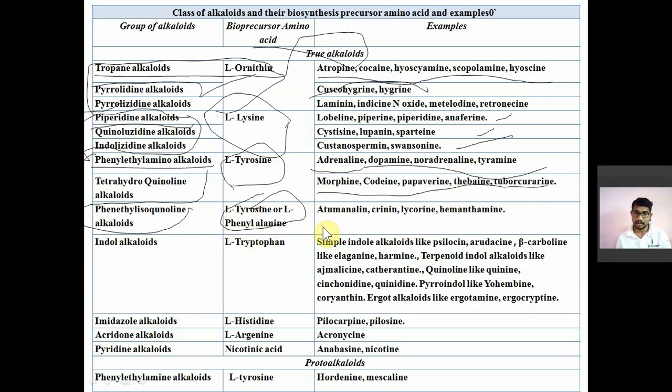For example, autumnaline, then colchicine, lycorine, and haemanthamine. Then indole alkaloids are biosynthesized from L-tryptophan. Remember, L-tryptophan.